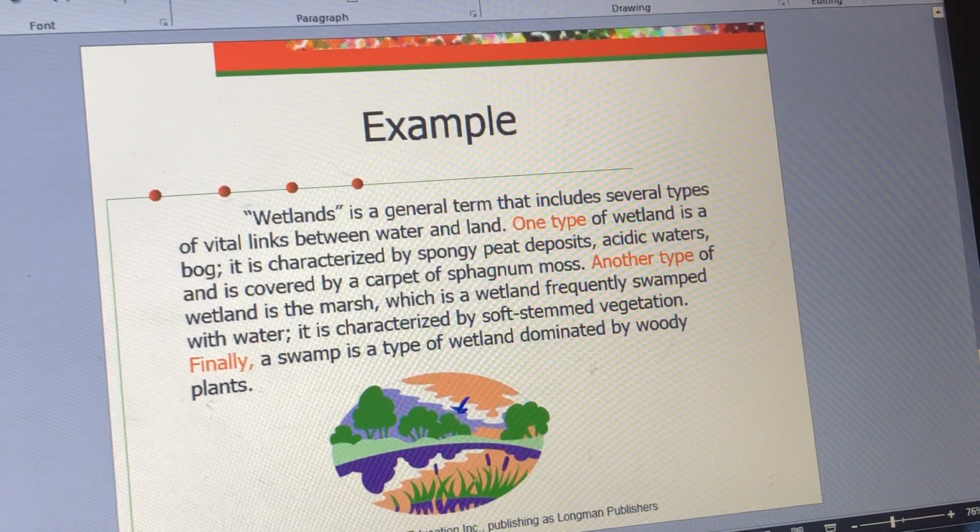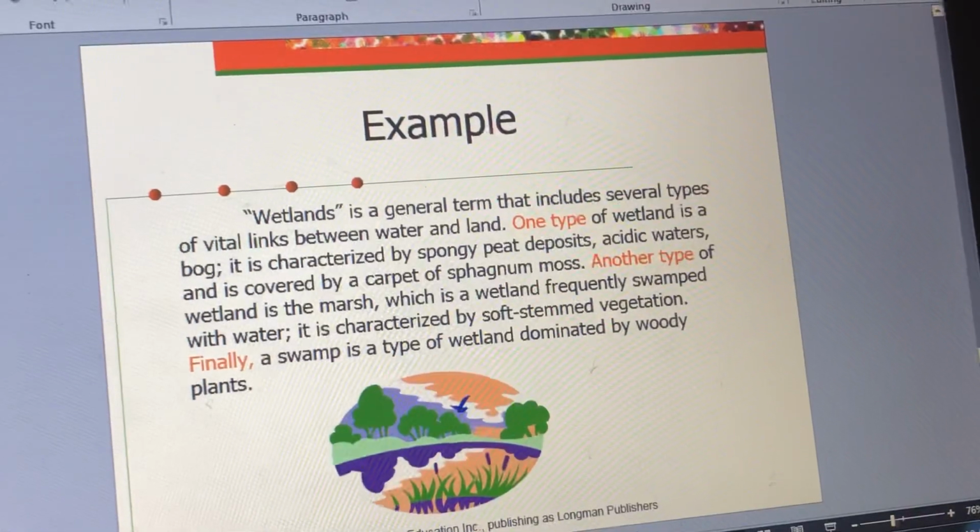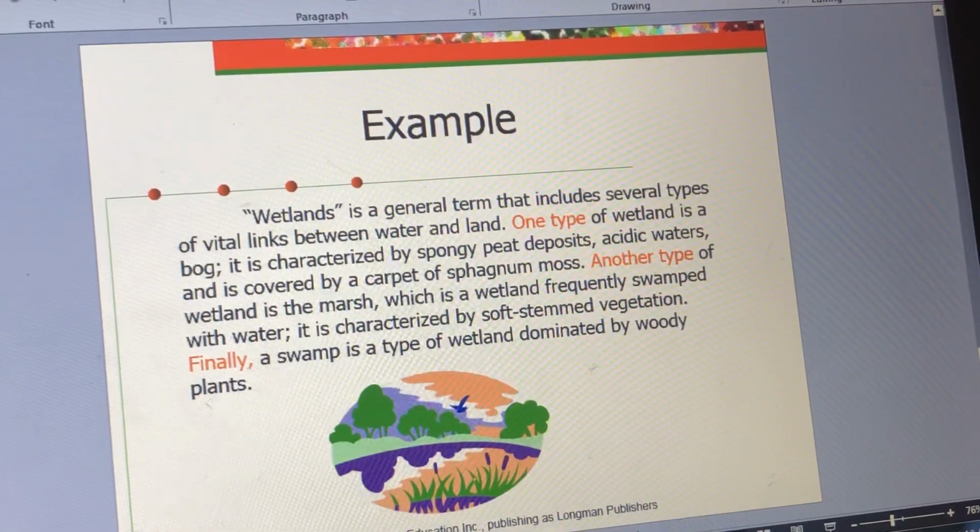Another type of wetland is the marsh, which is a wetland frequently swamped with water. It is characterized by soft-stemmed vegetation. Finally, a swamp is a type of wetland dominated by woody plants. If I were outlining this, I would use the one, another, and finally as major supporting points, because each one of those is a classification of wetlands.